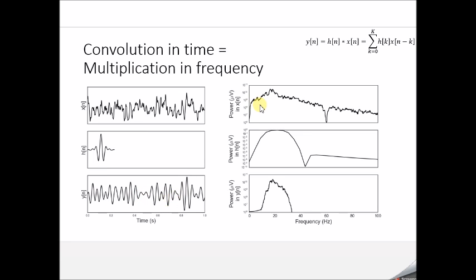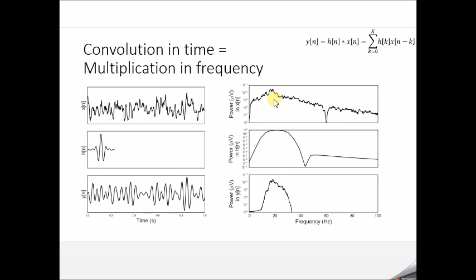However, if you look at the frequency domain representations of these three signals and were to multiply them point by point, so the 5 hertz component of the Fourier transform of the input signal with the 5 hertz component of the Fourier transform of the transfer function would yield the 5 hertz component in the output signal.